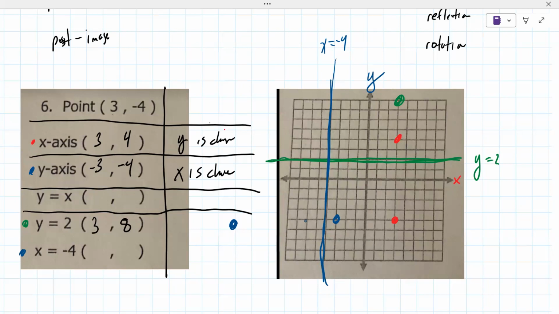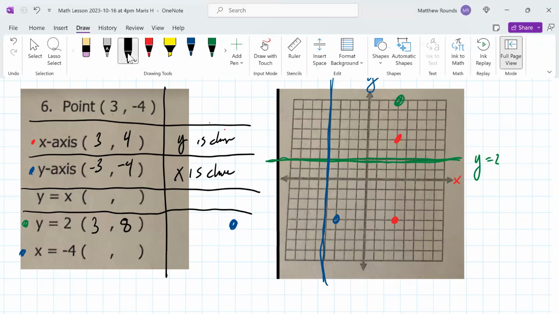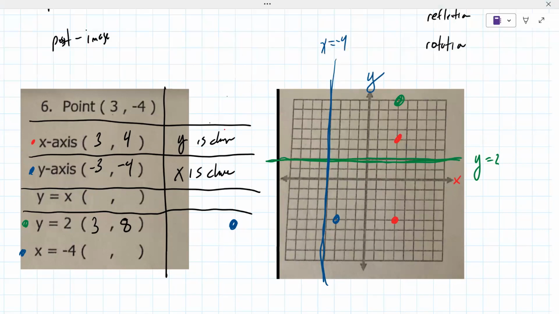So it's going out 7 past this -4. Oh, right. 7 left of it. So it's -11, comma, -4. Yeah, -4.